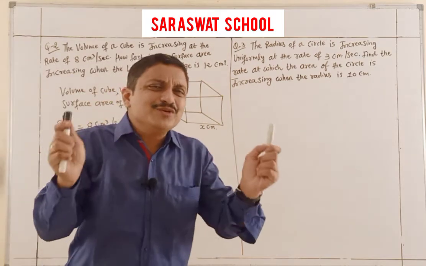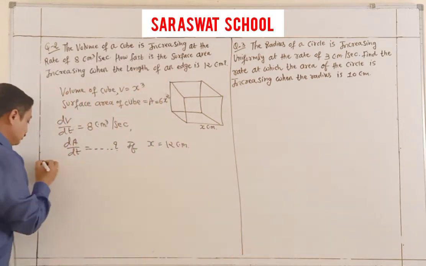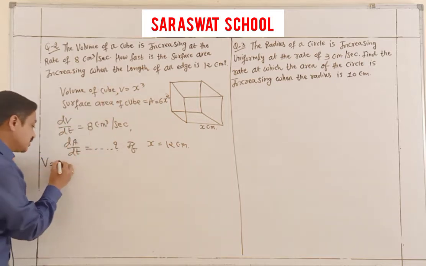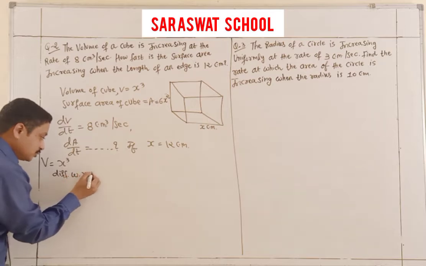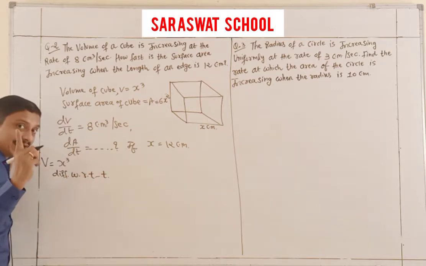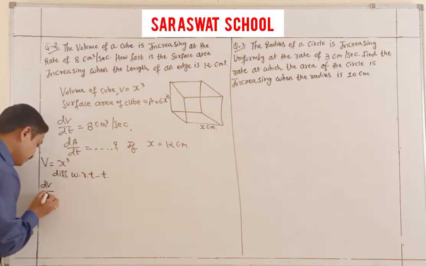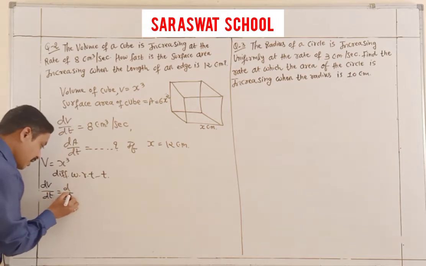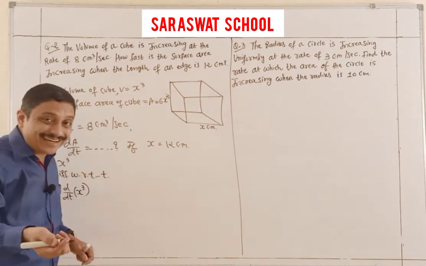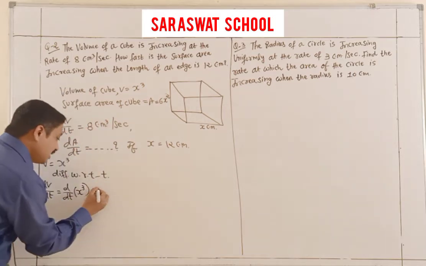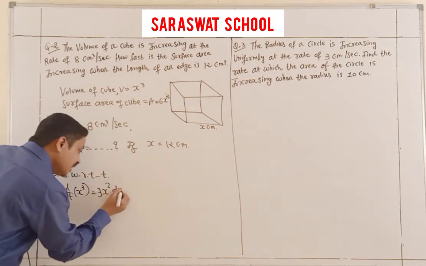Very easy numerical. Students, I start with volume. Volume V is what? x cube. Differentiation with respect to time. So dV versus dt is d by dt of x cube. Take the derivative with respect to t. It is 3x square dx by dt.